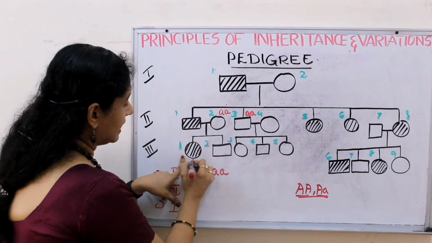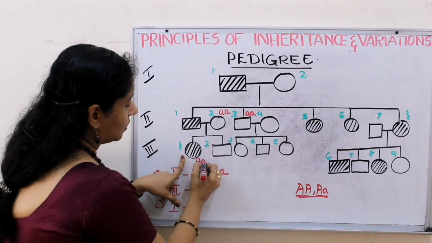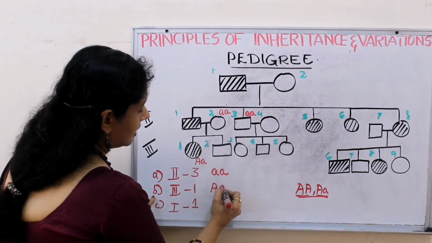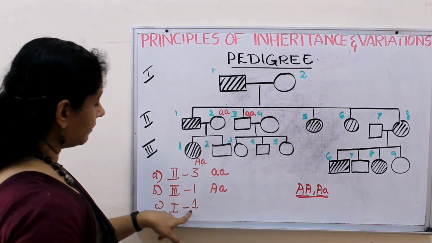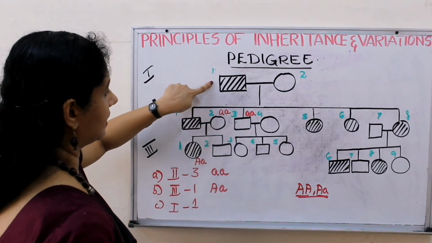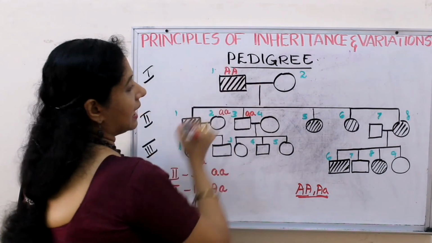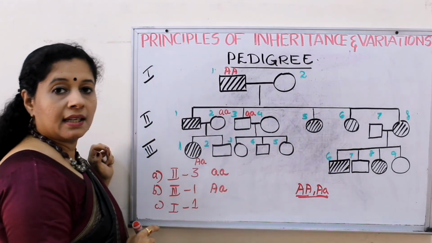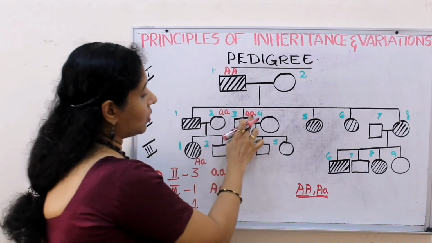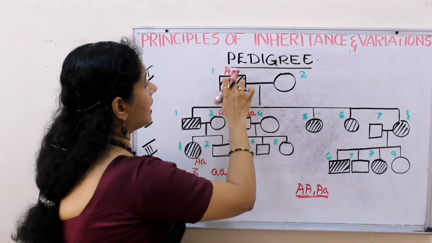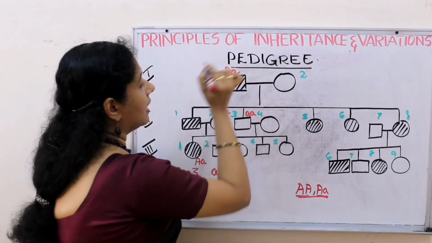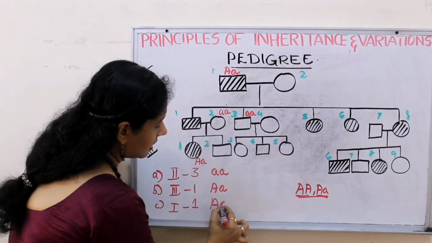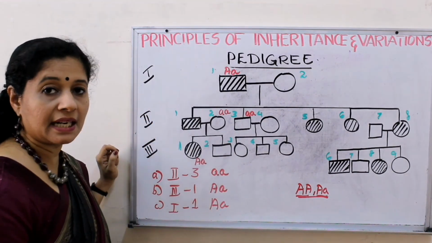But obviously the father gave capital A. So the genotype is capital A, small a. Third, first generation, first parent. This is affected. If he was capital A capital A, every single child could only be affected. But since small a are coming, normal children are coming, he was heterozygous. So his genotype is capital A, small a.